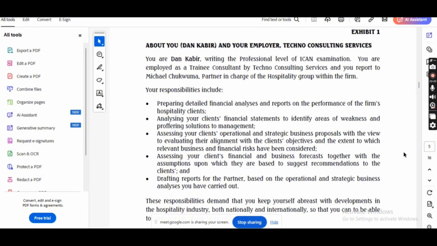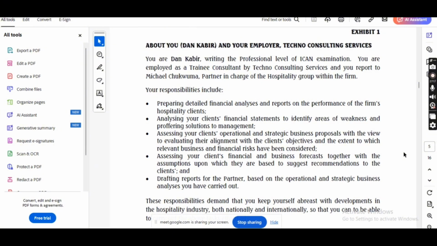So when you get to the examination, you quickly open to your unseen, exhibit 5 or 6, and you will see your responsibility, which will illustrate what you need to do. When you read that exhibit 5, the first paragraph, you will be 100% sure if this is an external report.